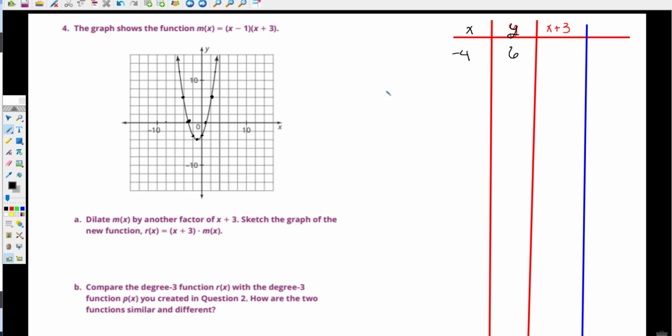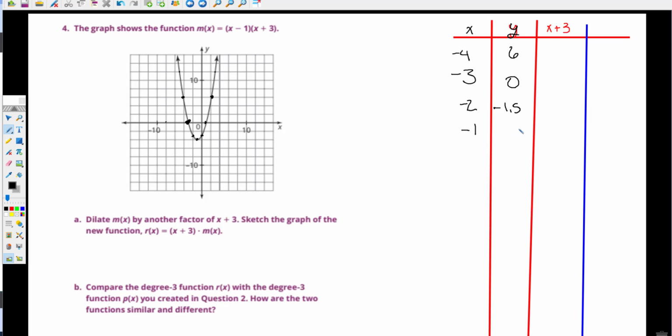At negative 3, I'm at 0. At negative 2, I went down 1 and halfway to the next one, so negative 1.5. At negative 1, I'm at negative 4.